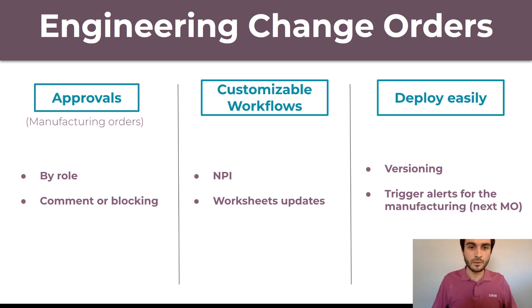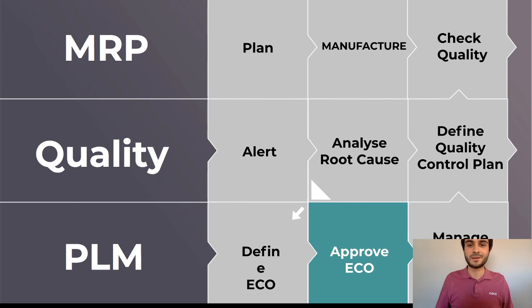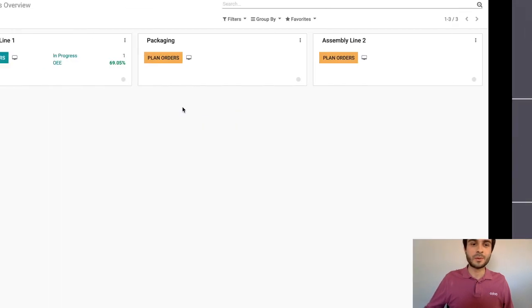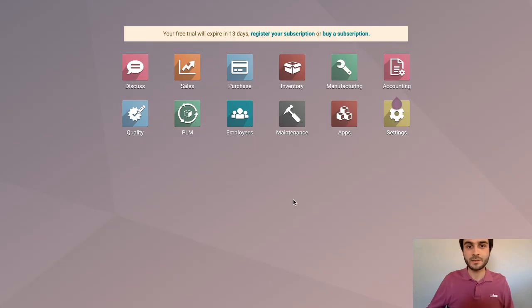So you have a structure which is very customizable, and you can create various types of PLM change orders, but instead of talking about it, I am simply going to show it to you. So if we go back to the database over here, we have a dedicated module for it, right next to the quality module over here.